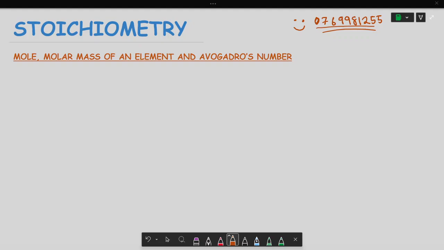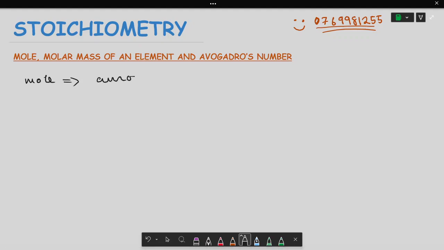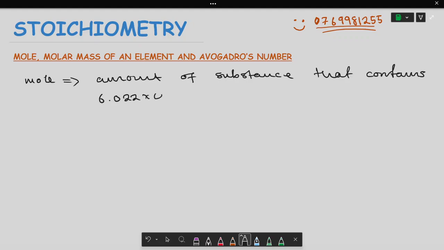Let's quickly look at the concept of the mole in stoichiometry under chemistry. So what do we mean when we say a mole? A mole is just an amount of substance that contains 6.022 times 10 to the power 23 elements.